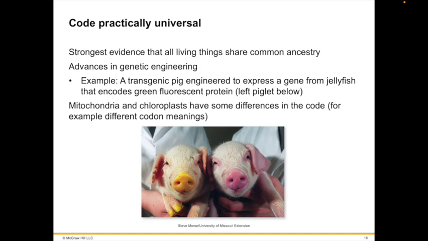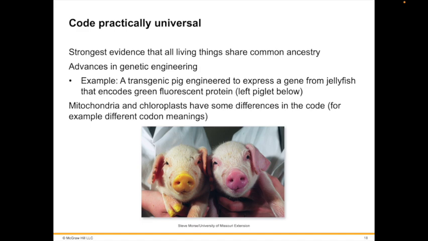In the mitochondrial genomes, what should have been a stop codon, UGA, was instead read as the amino acid tryptophan. AUA was read as methionine rather than isoleucine, and AGA and AGG were read as stop codons rather than arginine.